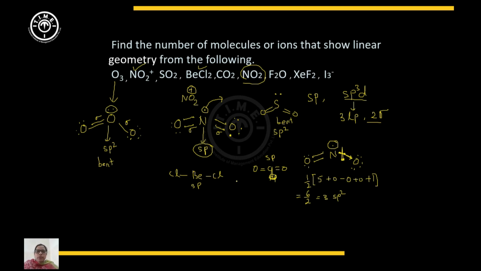Next one is F2O. In case of F2O, it is bent structure and oxygen is having 2 sigma bonds and 2 lone pairs of electrons. So it is a bent geometry. And xenon difluoride is having this structure and with 3 lone pairs of electrons.